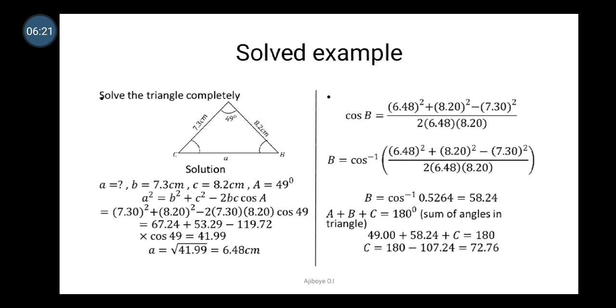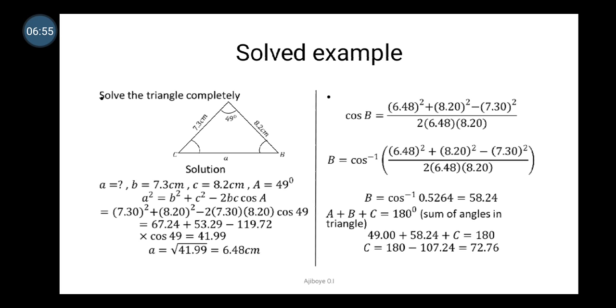So substituting these values in the cosine rule, we have A squared equals B squared plus C squared minus 2BC cos A. That means we are replacing B with 7.30, C with 8.2, and angle A as 49 degrees. So we have 7.30 squared plus 8.20 squared minus 2 times 7.3 times 8.2, then times cos 49 degrees.